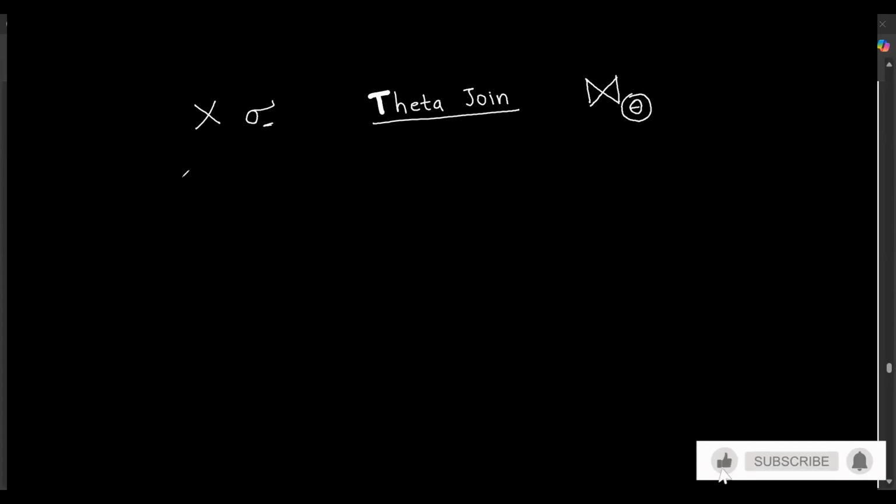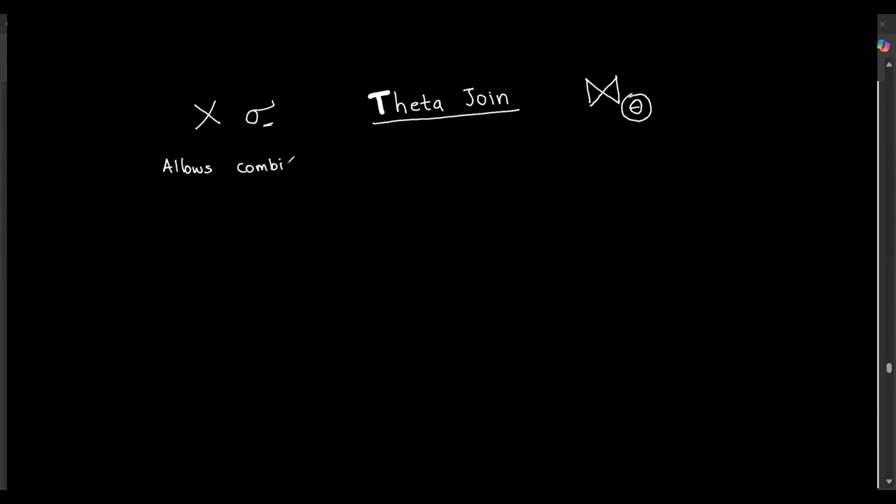All right, so let's write a definition for this. Theta join allows combining two relations under a specified condition.